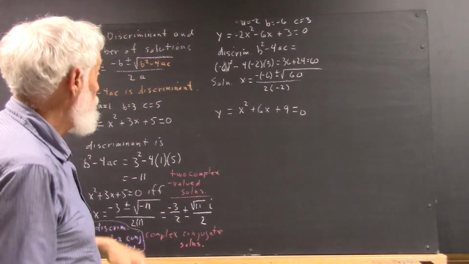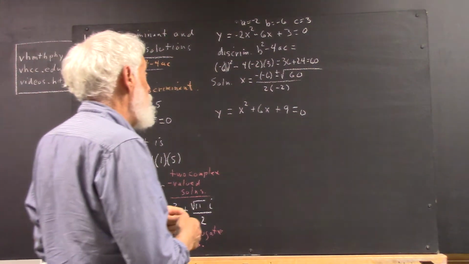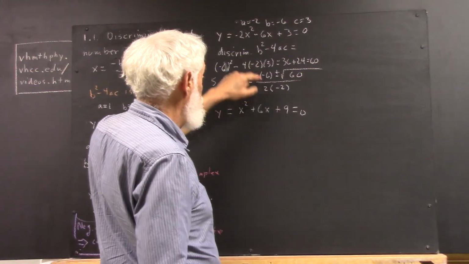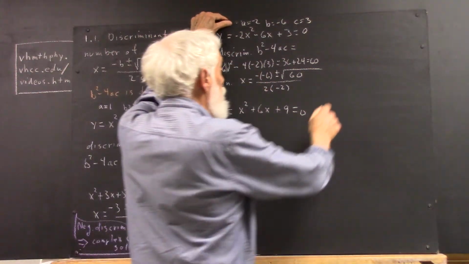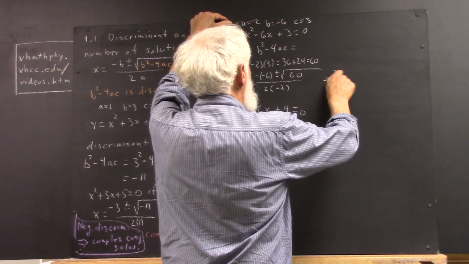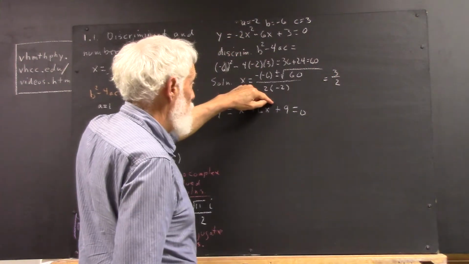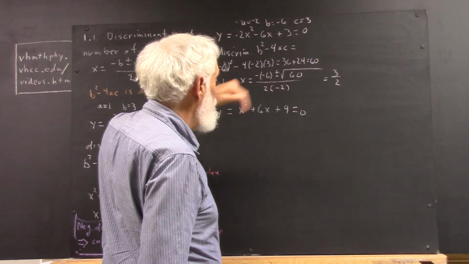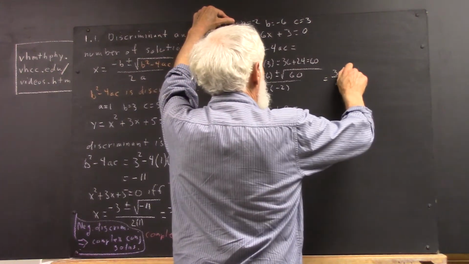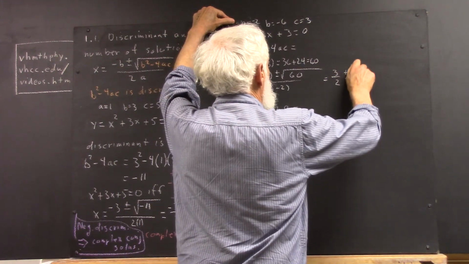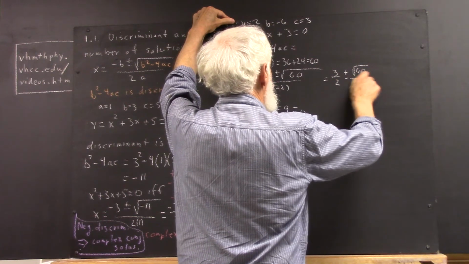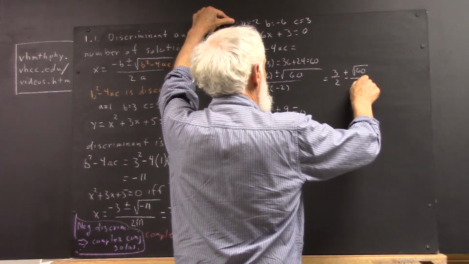Okay, we can simplify that a little bit, but we have a positive here, a negative here, that's 6 over 4, which is 3 halves. Dividing this by this, and then dividing this by this, we're going to have plus or minus the square root of 60 over negative 4.